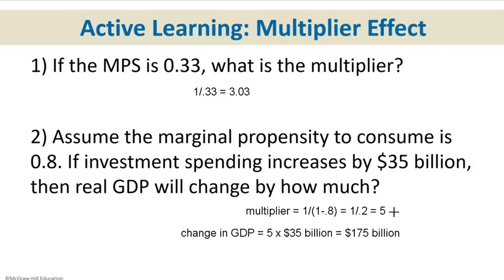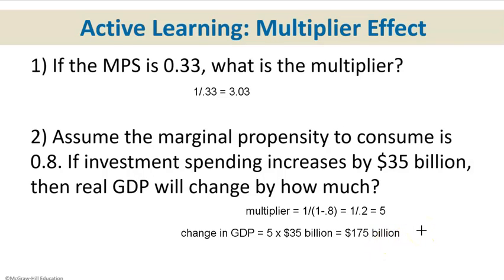Then plug in the multiplier and the initial change in spending into your change in GDP formula. So the change in GDP is the multiplier 5 times the initial change in spending, 35 billion, and that will give you the change in real GDP of 175 billion.